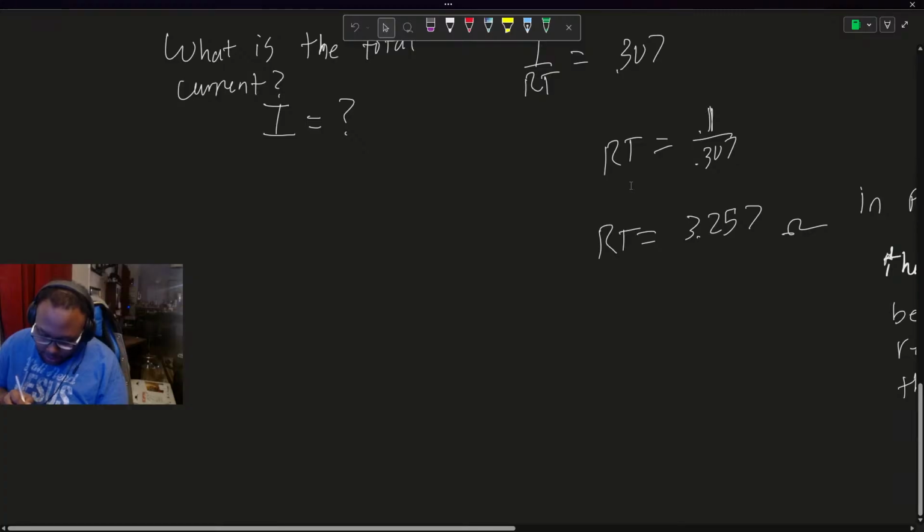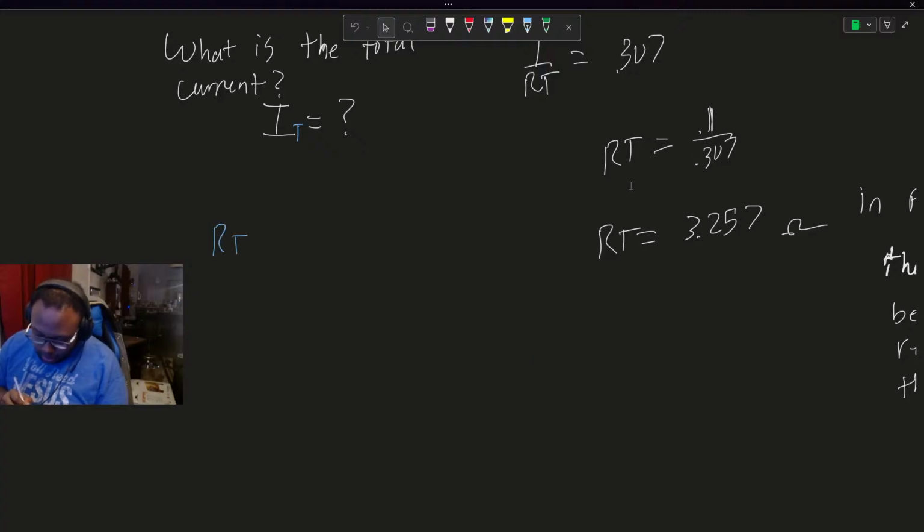But since I have I total, I'm going to take R total, and that was 3.257 ohms. And my voltage in the circuit, which is 2 volts, and if V equals IR, then the way I would solve for current is I would just divide by R on both sides.